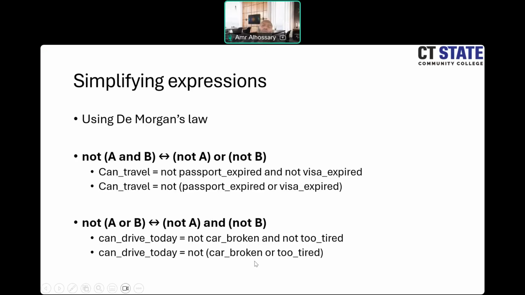In both cases, if too tired is true, this will be true. This will be negated into false. I cannot drive today. If the car is broken, this will be true. Negated will be false. Then I cannot drive today.